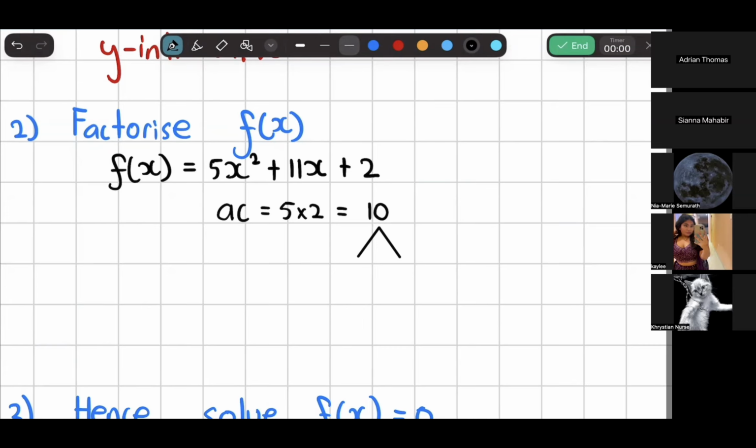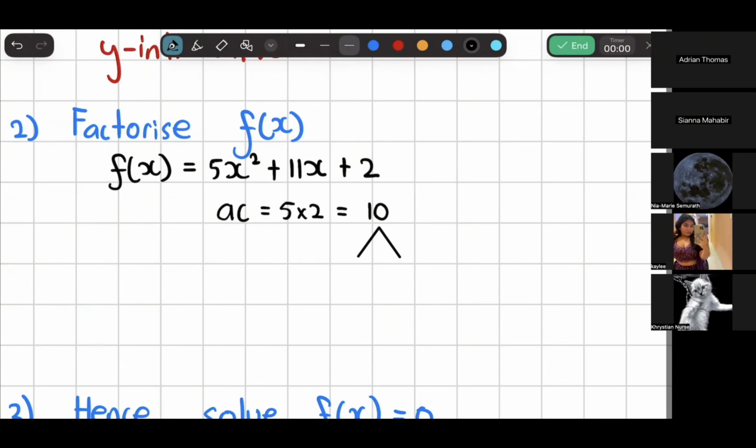5 and 6, sir. Okay, well, 5. But we're also looking for two numbers that would multiply to give you 10. So think of two numbers that would multiply to give you 10 that are also factors of 10.